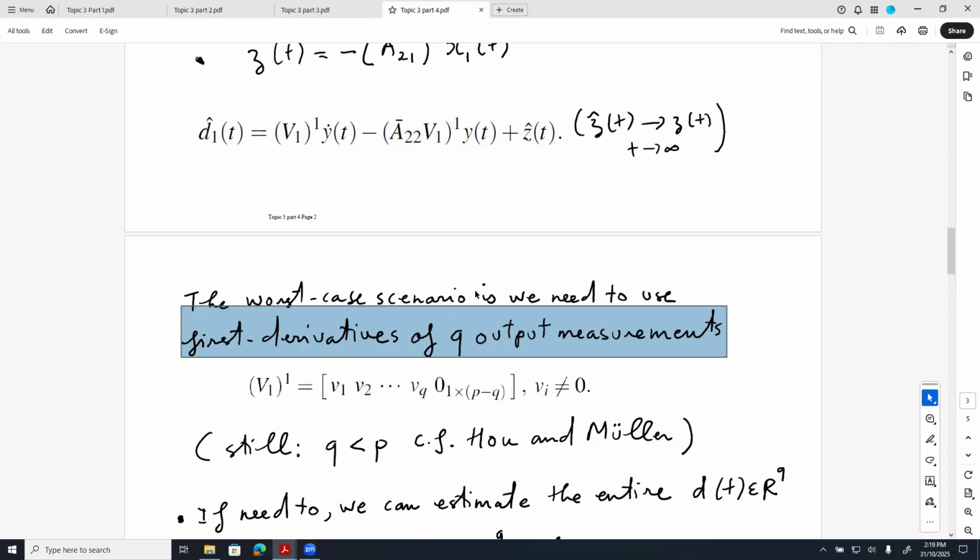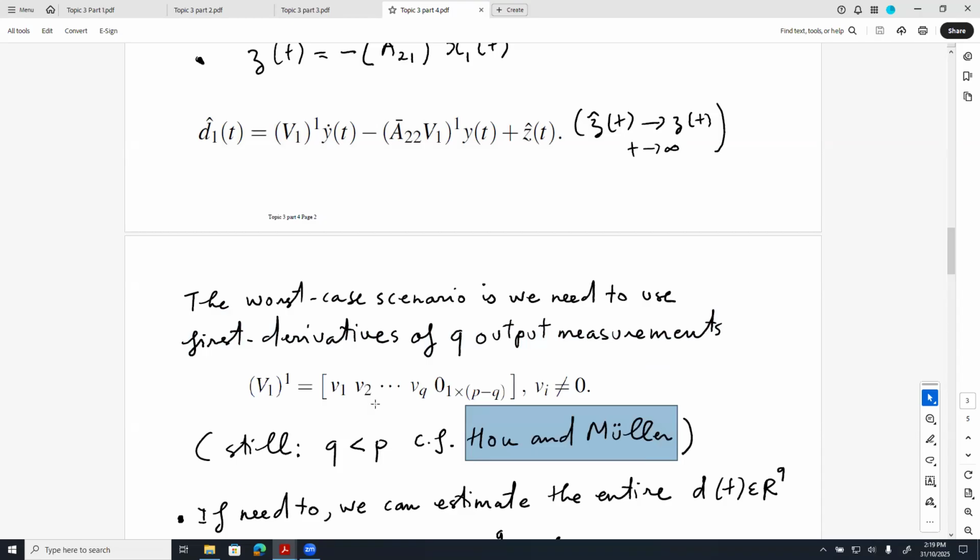We can still compare to Howe and Muller. Remember Howe and Muller might have ended up using p output measurements, output differentiators.